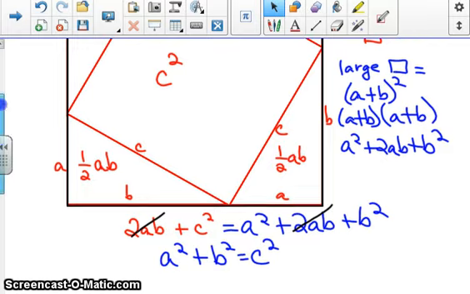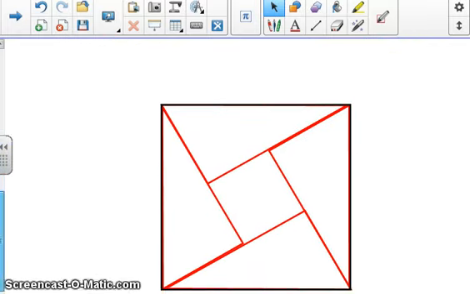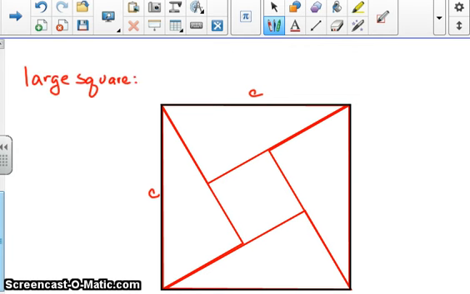Now the other proof just takes the same exact 4 triangles, only it turns them around. So now my outside square is C on each side, so my large square has an area of C squared.